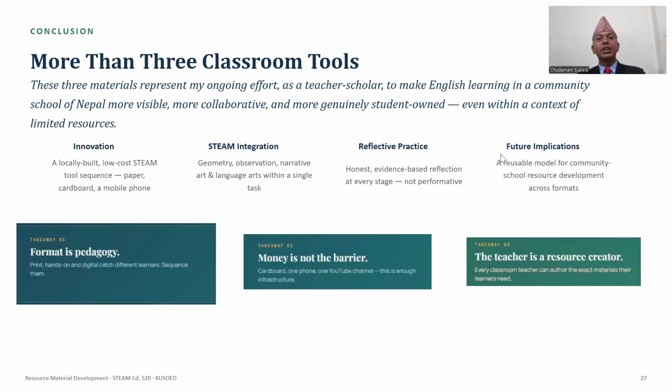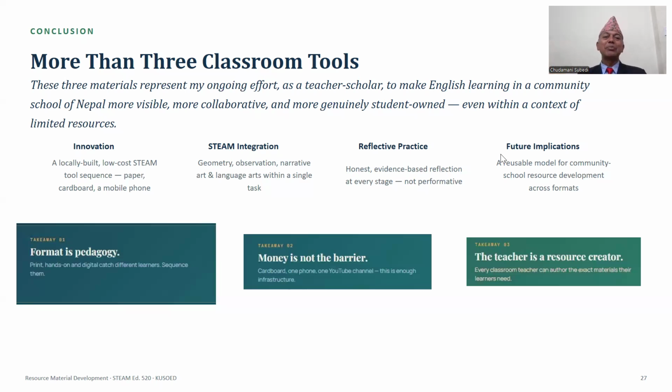More than 3 classroom tools. These 3 materials represent my ongoing effort as a teacher-scholar to make English learning in a community school of Nepal more visible, more collaborative, and more genuinely student-owned and student-centered, even within a context of limited resources. Innovation: a locally built, low-cost STEAM tool sequence, only paper, cardboard, and a mobile phone.